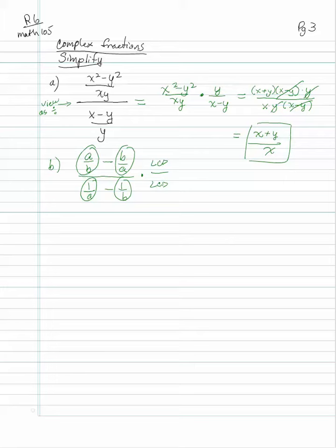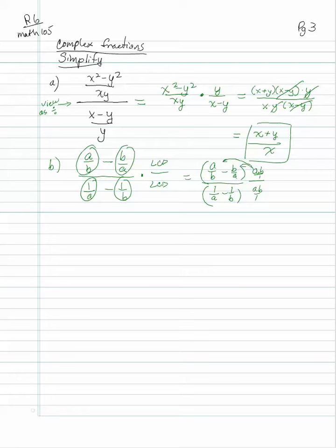So what I do is I'm going to take A over B minus B over A, over 1 over A minus 1 over B, and I multiply the top and bottom by AB. If you want, you can think of it like this. And then we distribute it.